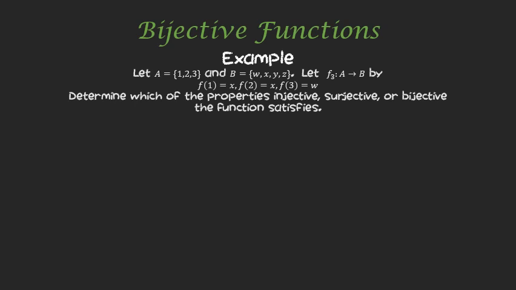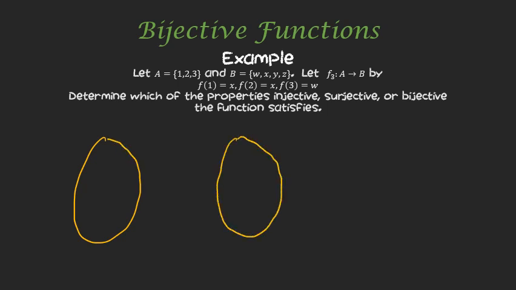All right, so similar setup as the last one. We have the same sets as the last example, but a different function between them. So I'll go ahead and draw the sets again. 1, 2, 3, and then W, X, Y, and Z. Again, this is the set A. This is the set B. I'll use green again.